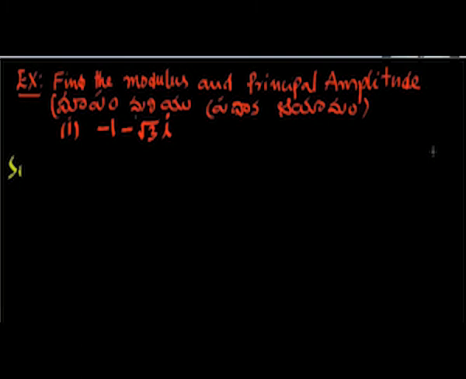Find the modulus and principal amplitude of the given complex number -1 minus root 3i. Now let us consider the solution.